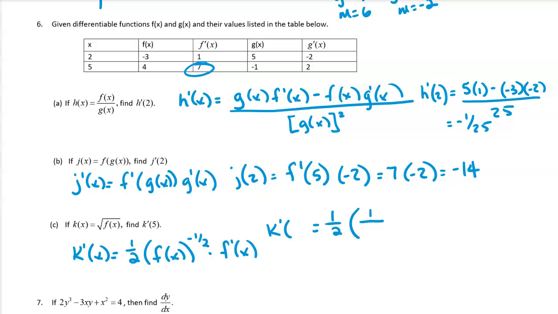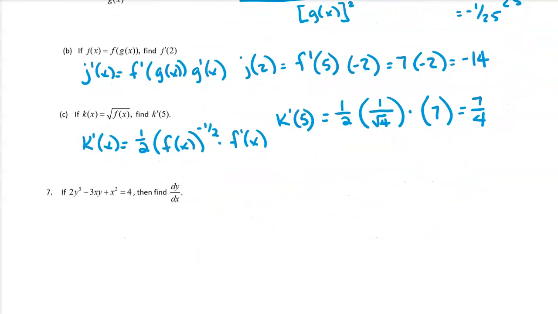That's why I was trying to stick a negative under the radical. There we go. So k prime of 5, we take the square root of 4, and then times f prime of 5, and f prime of 5 is 7. Again, you could leave it like that, or you could clean it up into 7/4.